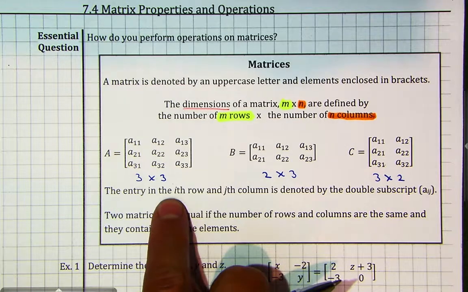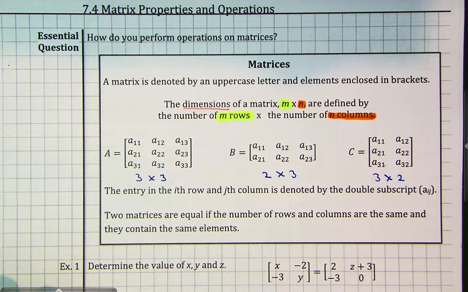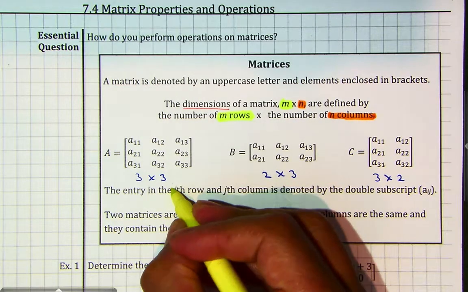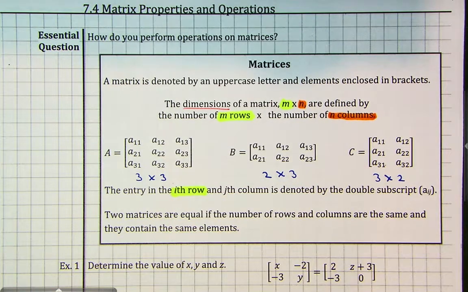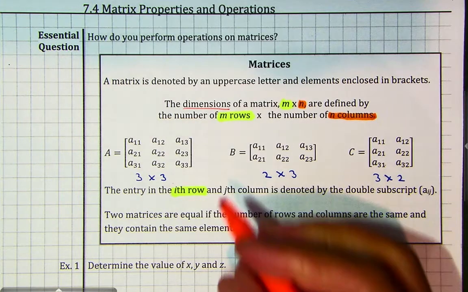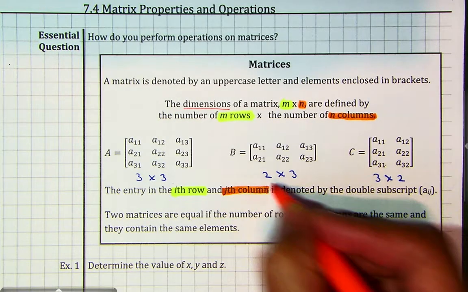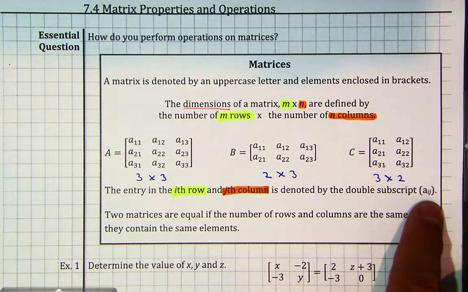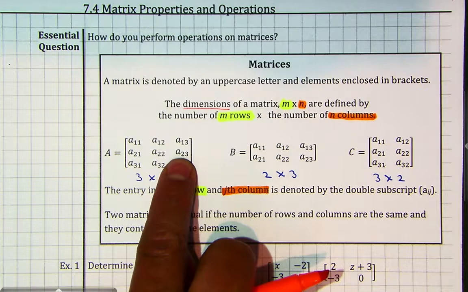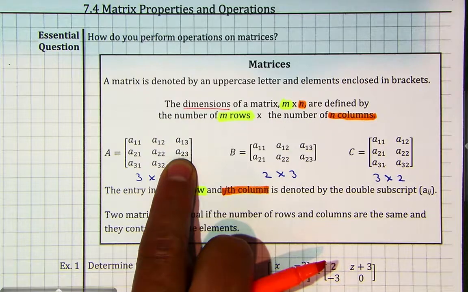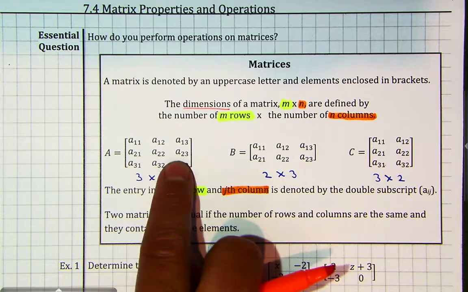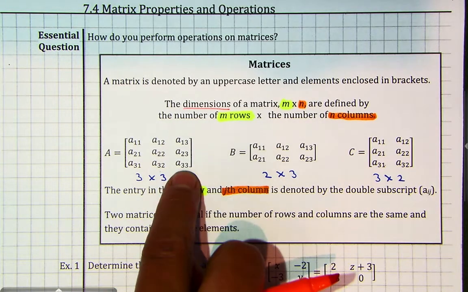The entry in the ith row and jth column is denoted by the double subscript A sub ij, where the letter i corresponds to the row and the letter j corresponds to the column. So therefore, this is A sub 2,3, where the 2 corresponds to the row and the 3 corresponds to the column.